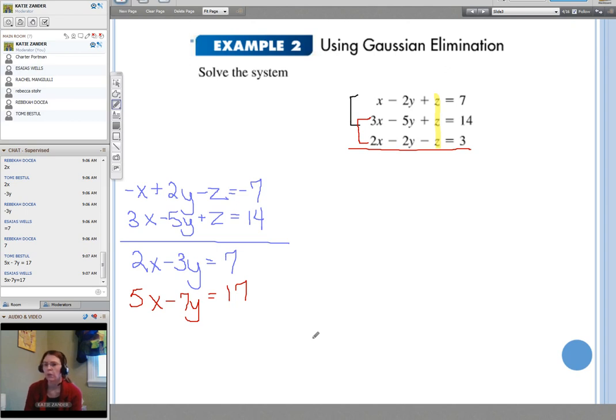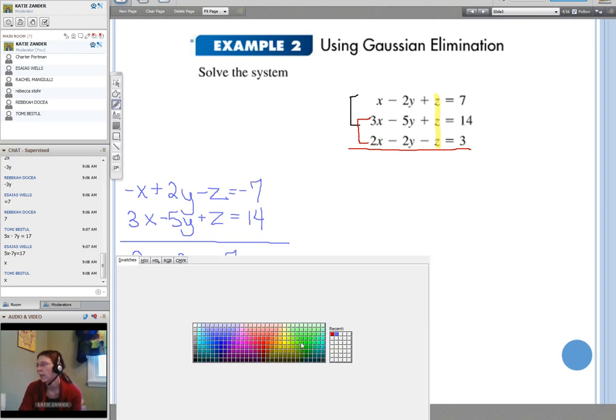Which variable would you like to eliminate, the x or the y? The x. All right, so if we're going to eliminate the x's, we have to multiply each equation by something.